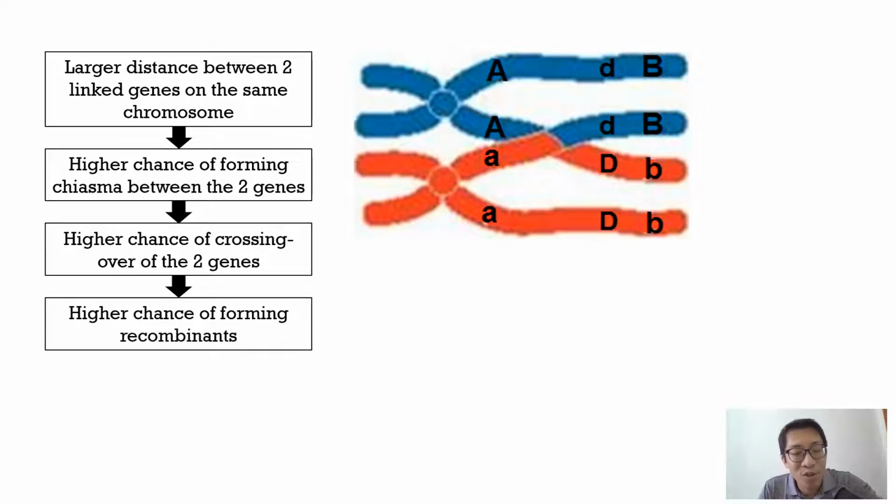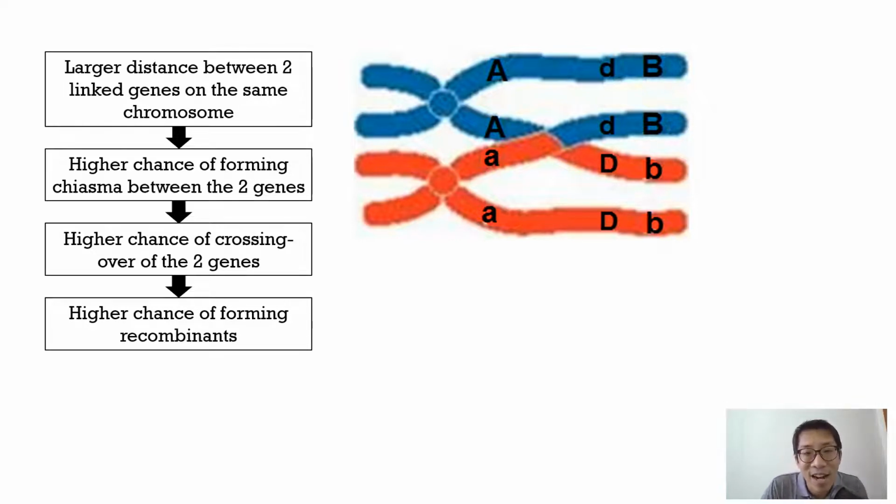So in order to form the recombinant gametes that have a new combination of alleles between these two genes, a longer distance between the two genes would increase the chance of forming that recombinant.